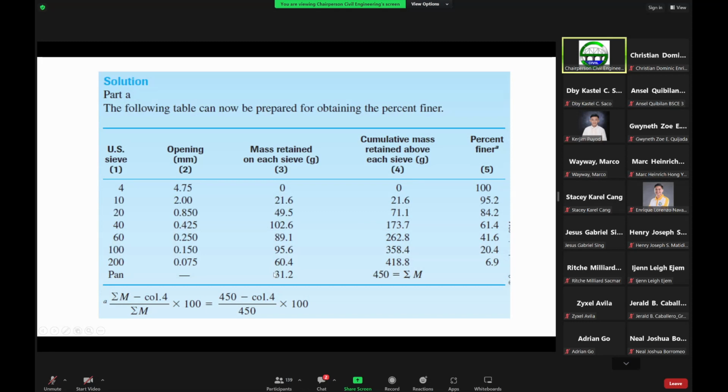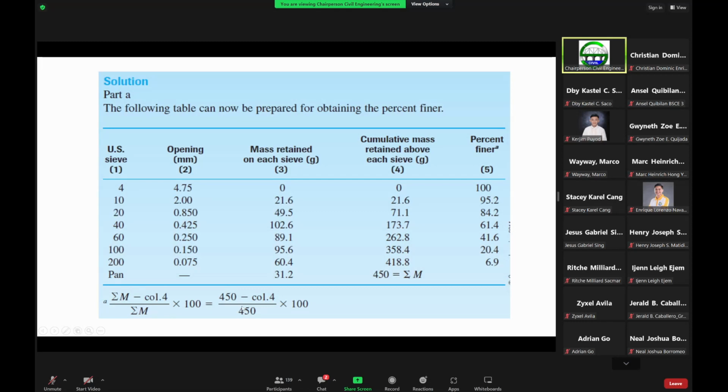For example, this value of 100: that's 450 over 450 minus column 4, but column 4 for this sieve is 0. So that's 450 over 450 times 100, which is equivalent to 100%.